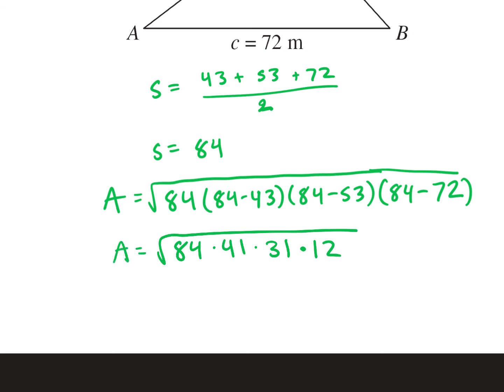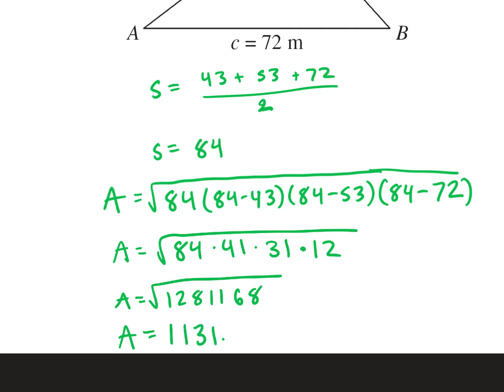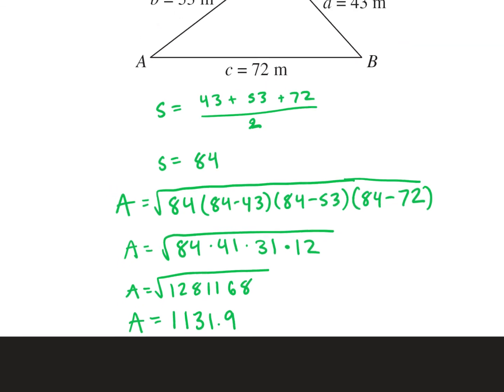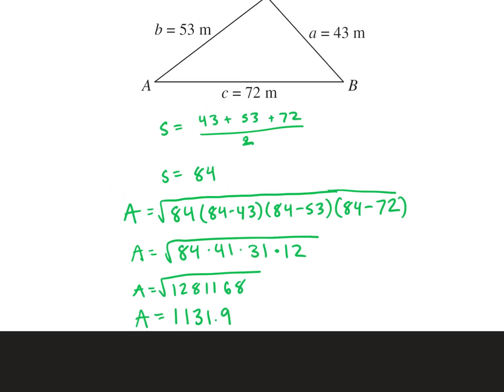So the area is equal to the square root of 84 times 41 times 31 times 12. So I got the area is equal to 1,131.9. What's my unit? Meters what? Squared, because it's area. So area is always your unit squared.